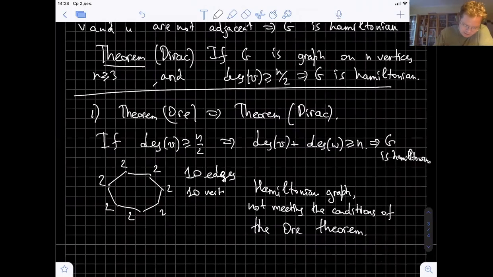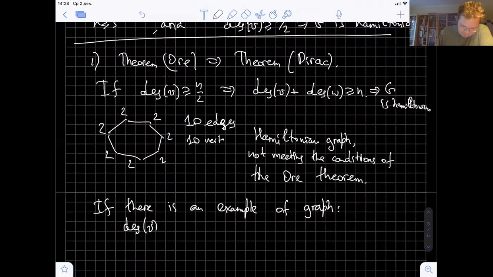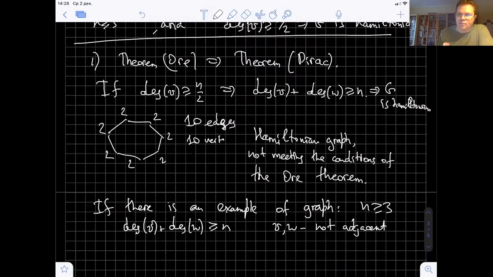So can we give an example such that the number of vertices is 3 or greater, and the sum of the degrees of non-adjacent vertices is n or greater, except for one pair?